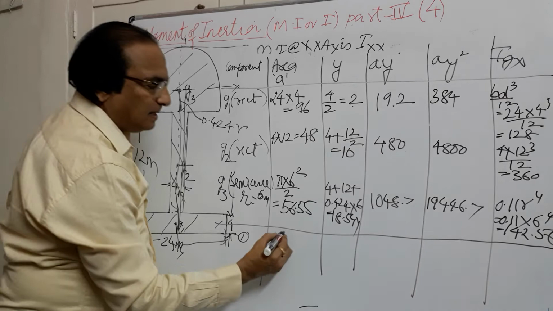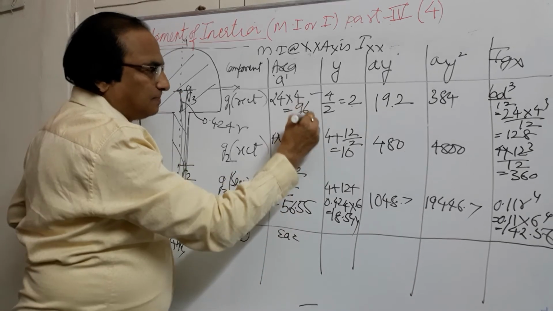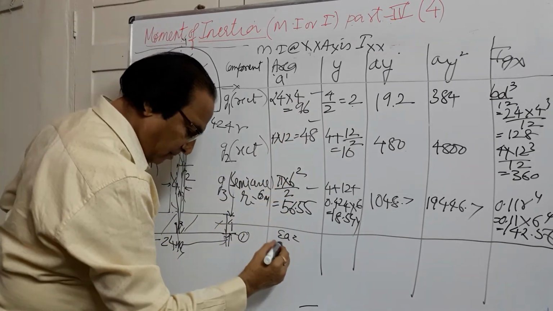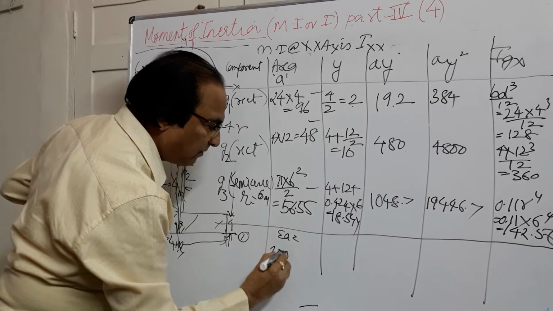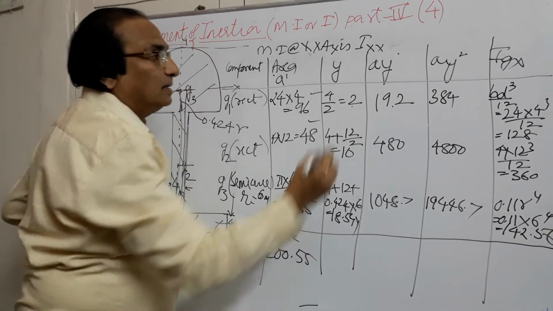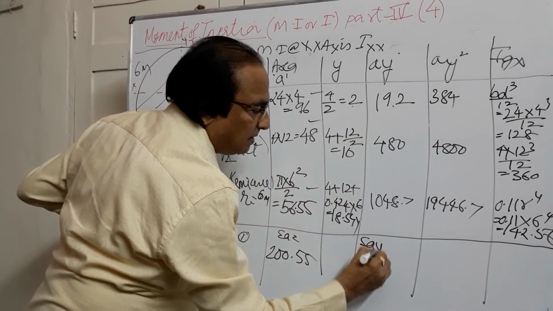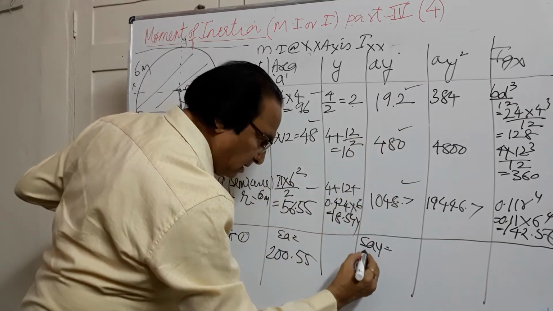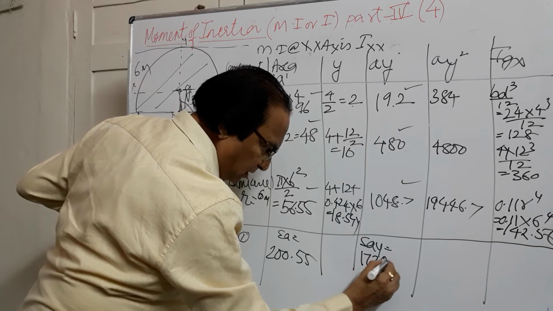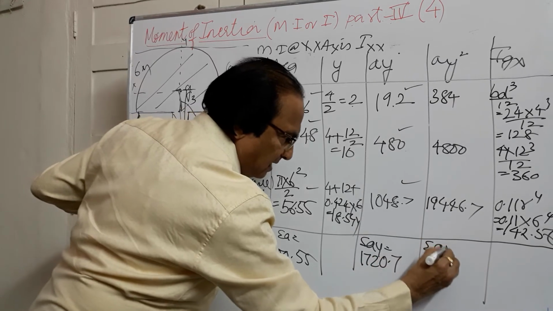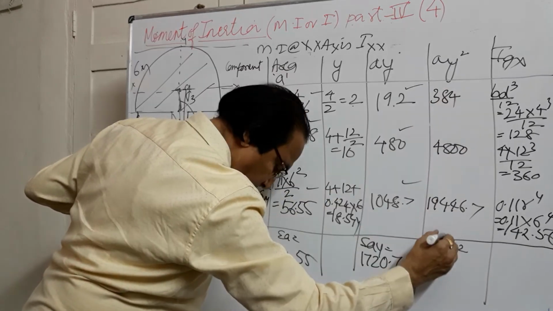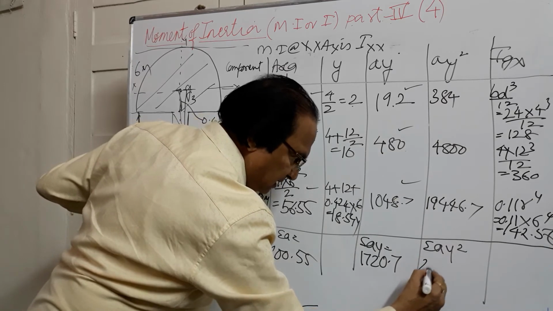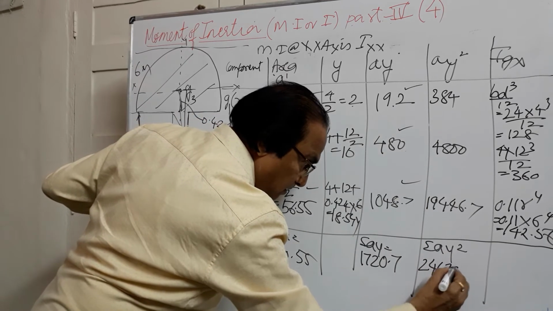Now nothing to add. So if I take up the area sigma A, this plus this plus this, if I add them you get 200.55. Then we need sigma AY for this plus this plus this. If I add all this, 1720.7. Likewise sigma AY squared, if I add all this, you get 24630.4.